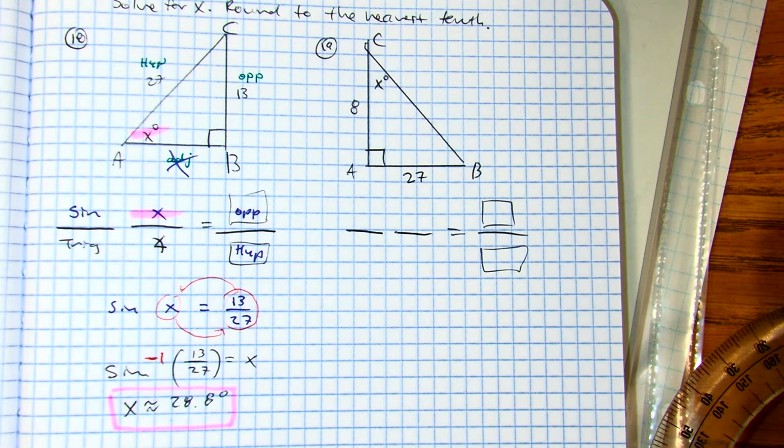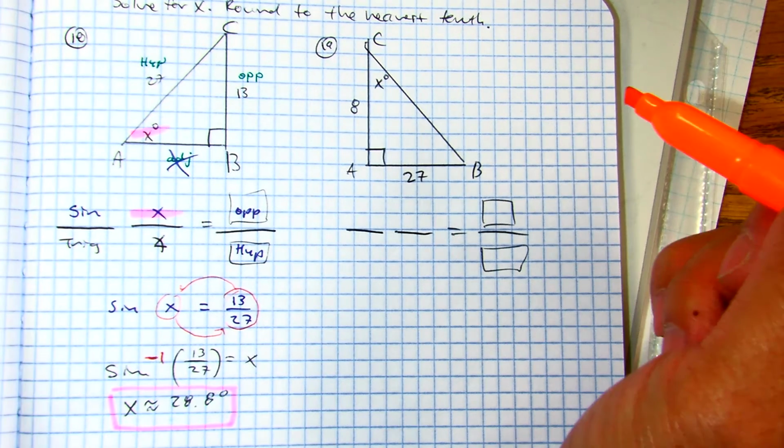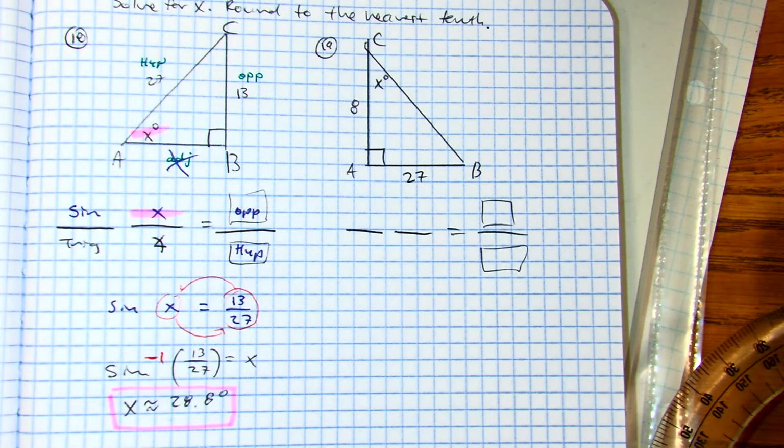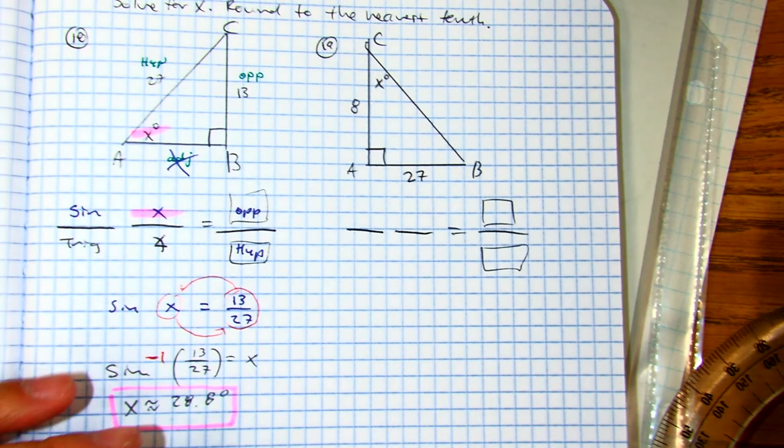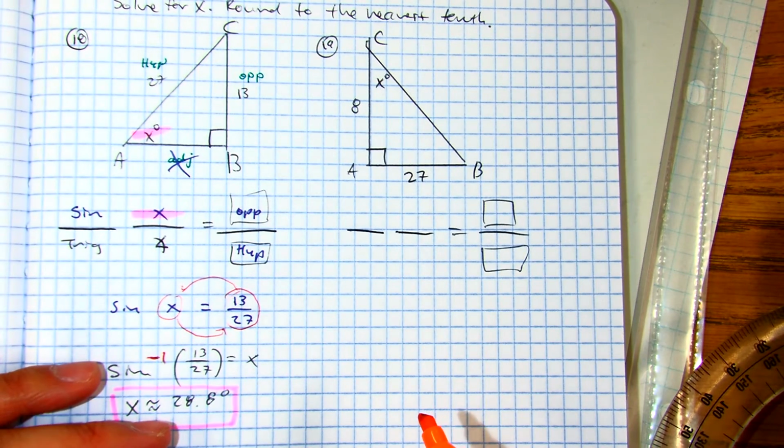Annalie, what's our starting position? Not here. Maria Bellin, what is our starting point? Before I label all the sides?